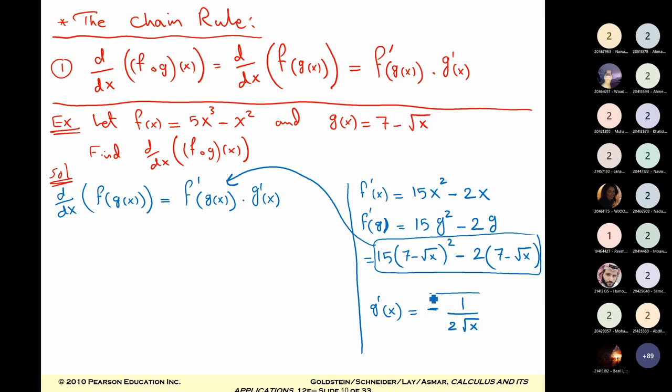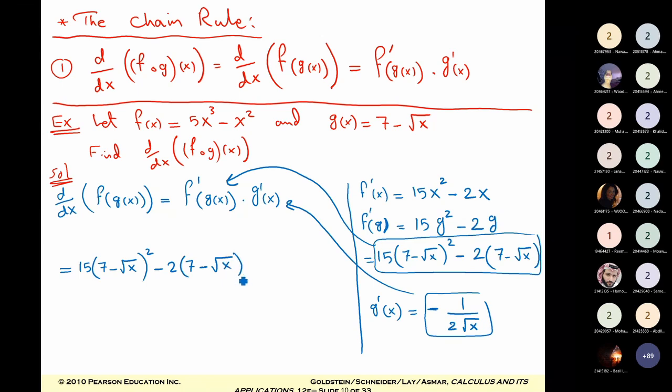This is the value of g prime. Now, the derivative of f composite g equals f prime of g, which is 15 times 7 minus radical x all squared minus 2 multiplied by 7 minus radical x.